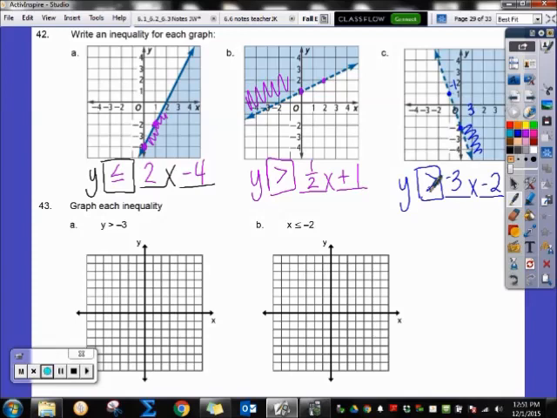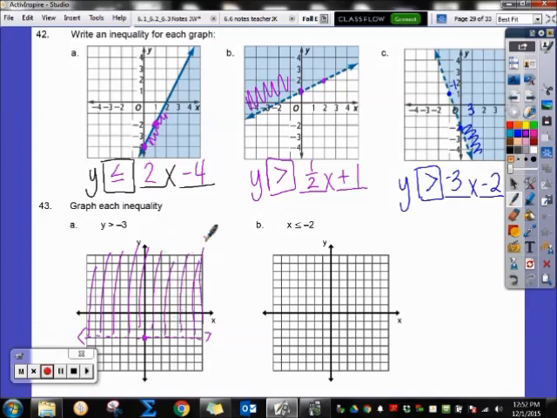For 43, if we graph that inequality, hopefully you're thinking of HOY, so that it's a horizontal line. So I'm going to go to where y is -3, horizontal, and it is dashed. And it's greater than, so you would shade above that line.